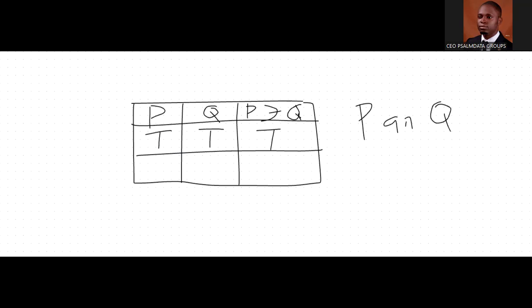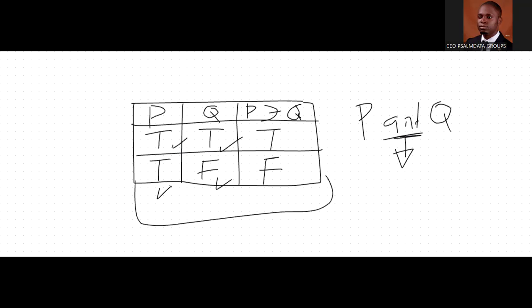But when you have this one as true and this one as false, under the AND condition, the answer will be false. Under AND, the answer is only true when all the propositions are true. Each statement represents a proposition. Even if P is false and Q is true, you will still get false. The only condition that makes AND true is when the two propositions are both true.